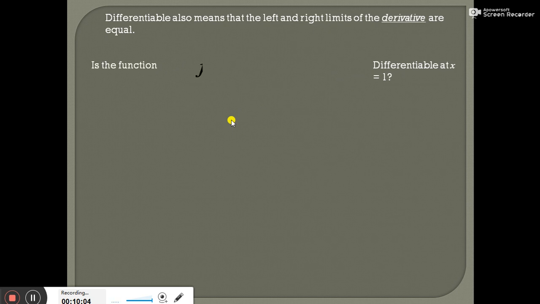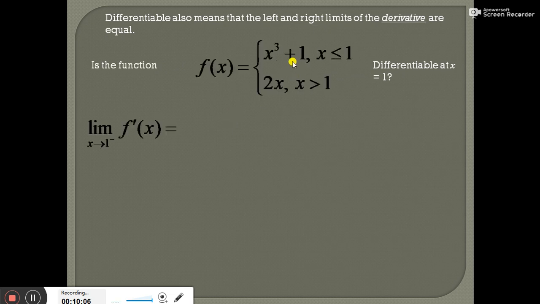And now, is this function f(x) = x cube plus 1 when x is less than or equal to 1 and 2x when x is greater than 1 differentiable at x = 1? Now you have to check the left hand derivative, limit x tends to 1 negative [f(x) - f(1)]/(x - 1).